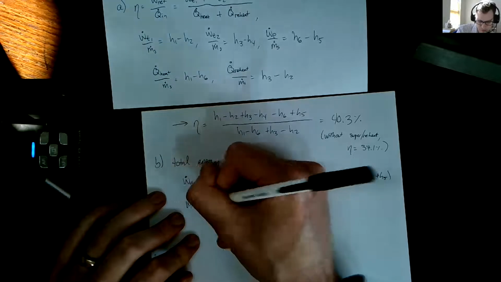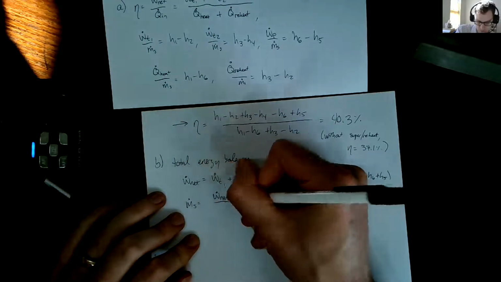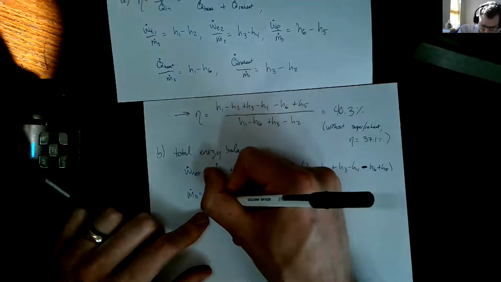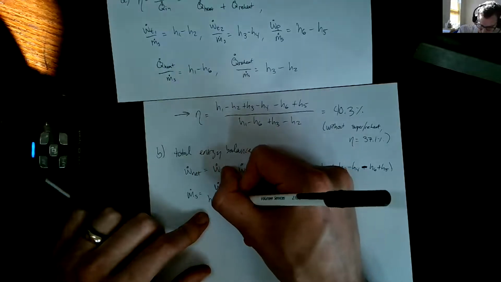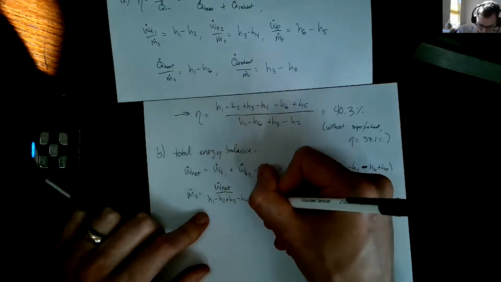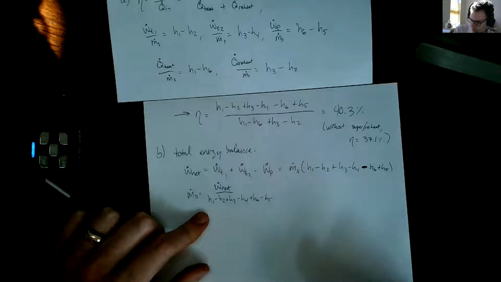I can solve this for m dot s. This is like what I did before, it's just more numbers. So it's the net power, which I was told is 100 megawatts, divided by this long string of enthalpies, H1 minus H2 plus H3 minus H4 plus H6 minus H5.